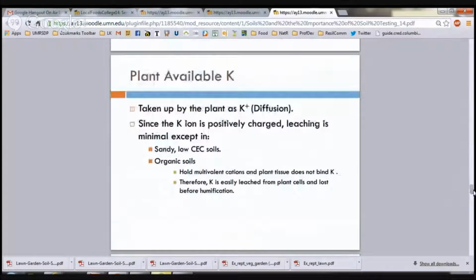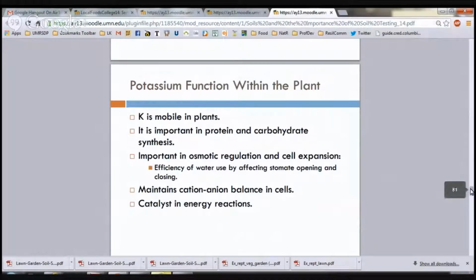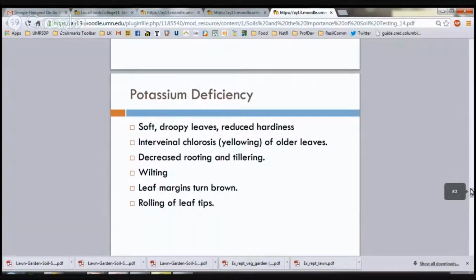One thing to keep in mind about environmental issues is if you have sandy soils or organic soils, you could have potassium leaching losses. That's why I always say to do a soil test for potassium to make sure. It's really important in plant tolerance during stressful conditions. Potassium deficiency in turf is hardly ever an issue.